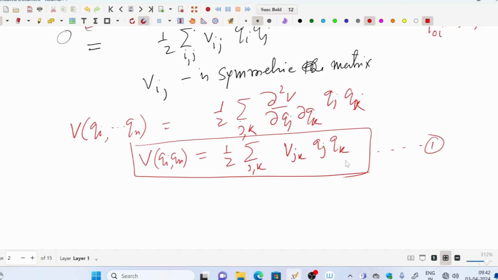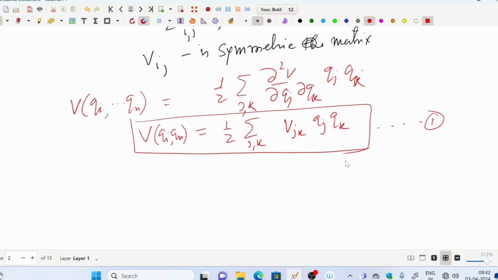Now what will be the kinetic term? The kinetic energy term in general is quadratic in velocities, that we know. So we can write it in a form like this: there will be a mass-like term, which for a simple system we write as half m v square.